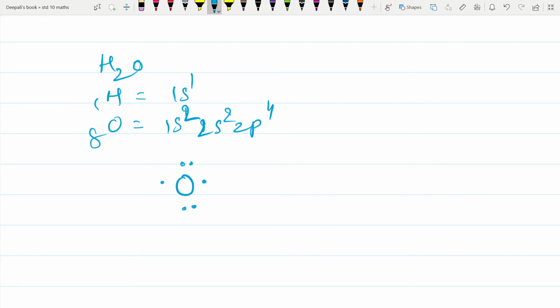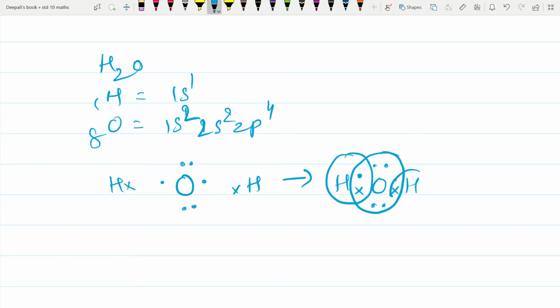Now if you see hydrogen, it has one electron in the outermost shell. So the bonding will be something like this way. This is a water molecule and you can see there are two single bonds, one on each hydrogen and oxygen atom.